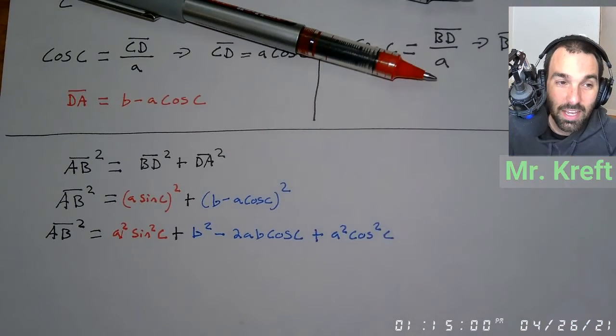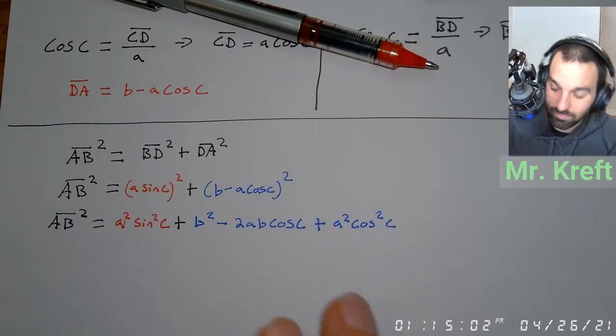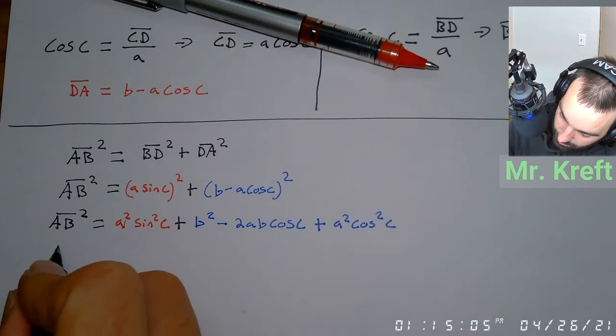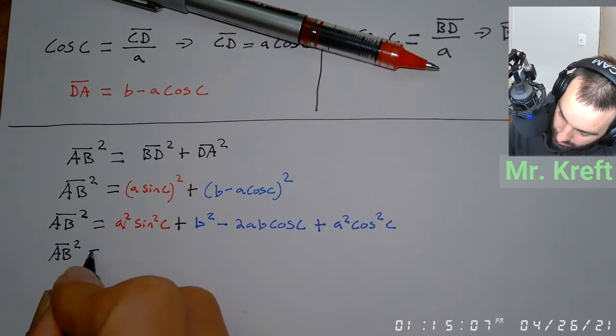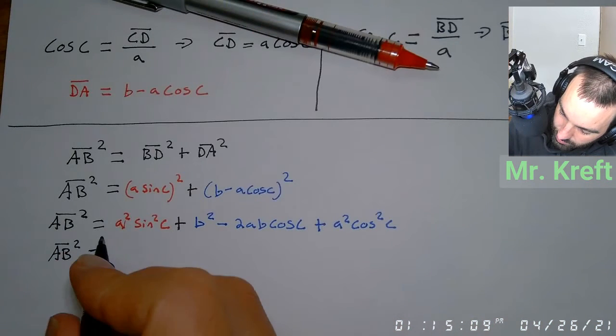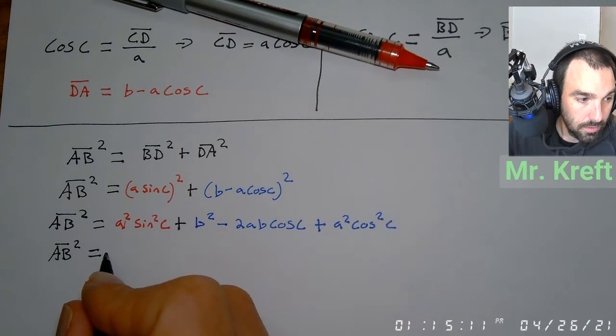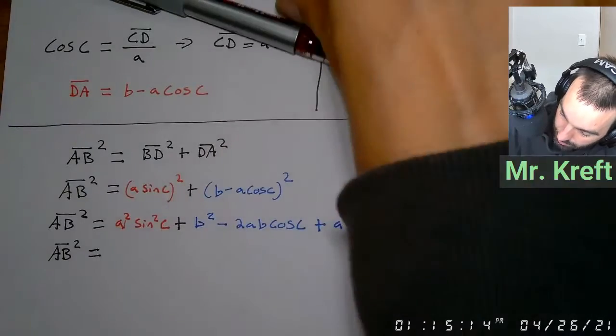Okay. Now we're going to rearrange the terms. So we're going to have segment AB squared equals, what do we have here?